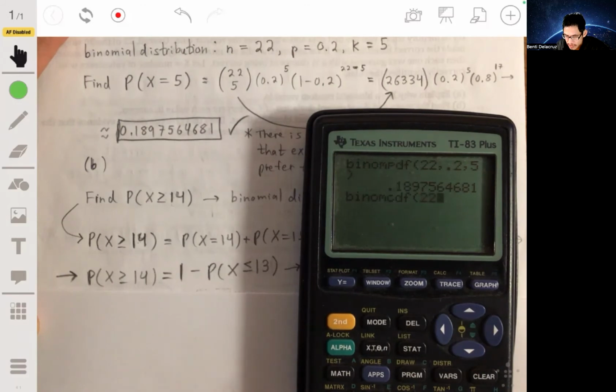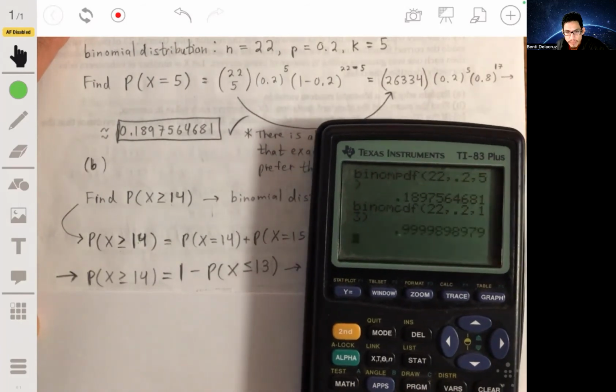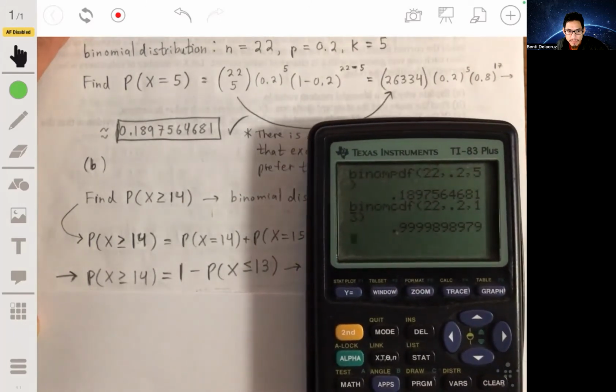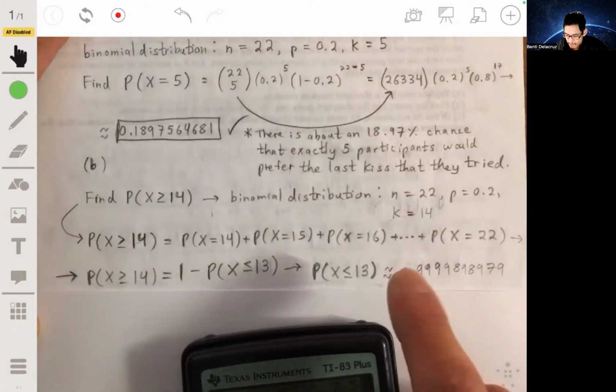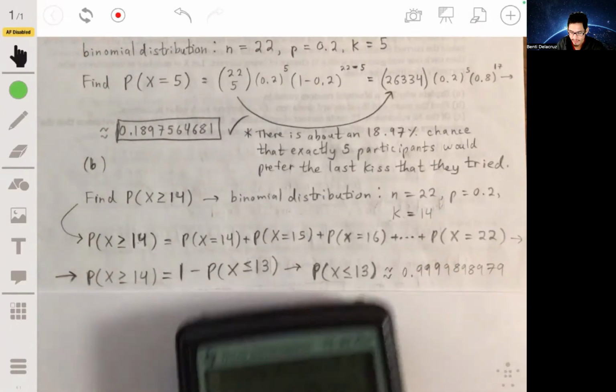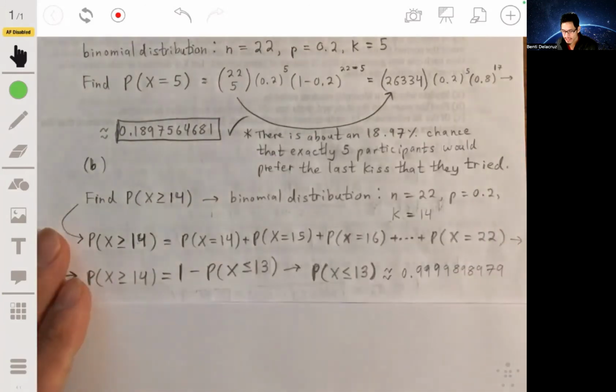So n is still 22, so 22 comma p, which is 0.2, and then k, which will be 13. And I get 0.99999, which is right there. So 1 minus 0.9999, you can probably already tell, is going to be virtually 0.